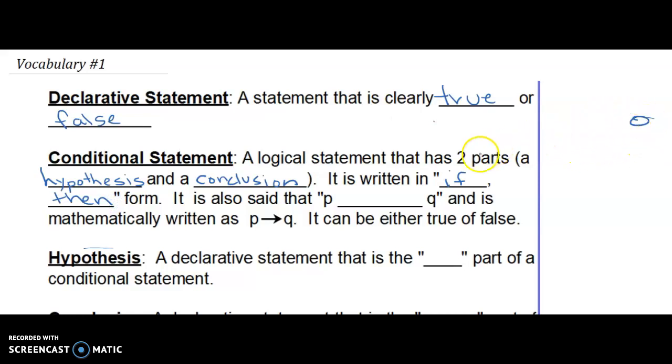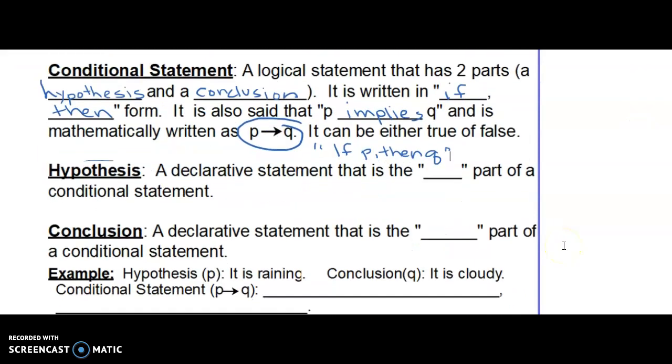Or it could also be said that P implies Q, but mathematically it's P arrow Q. So this we would say if P, then Q. Okay, this what I circled here is what we'll see most often in this class. And this will make more sense after we do a little bit with it.